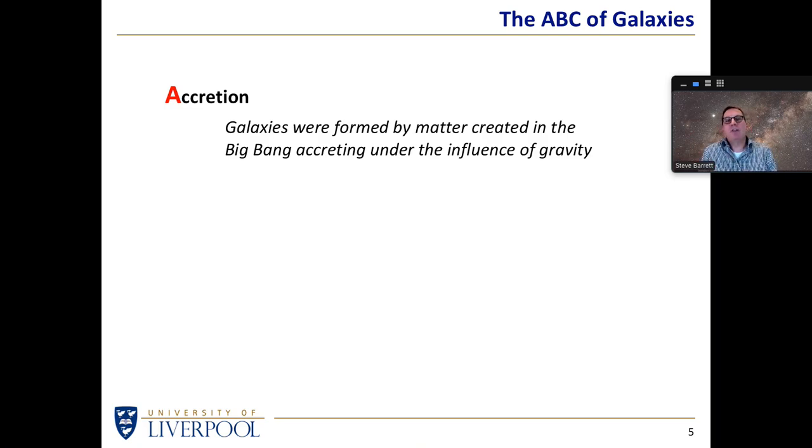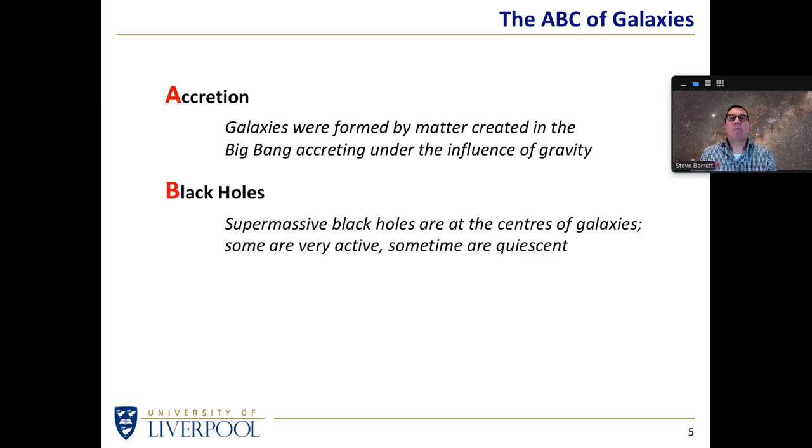So A stands for accretion, because galaxies are formed by matter accreting or accumulating, if you prefer, under the influence of gravity. The B stands for black holes, because we believe that there are black holes, very massive, so-called supermassive black holes, existing at the centres of perhaps not all, but certainly a large number of galaxies that exist out there. Some of these black holes are feeding, matter is falling into them, producing a lot of energy.